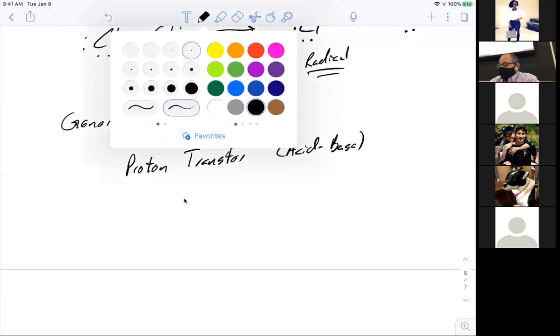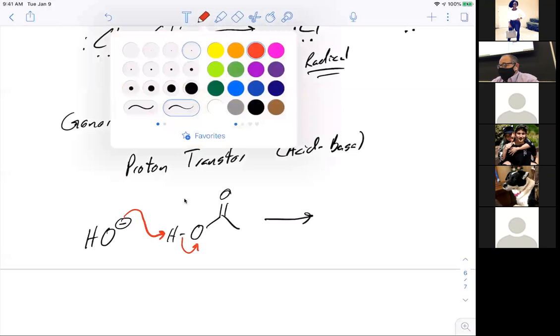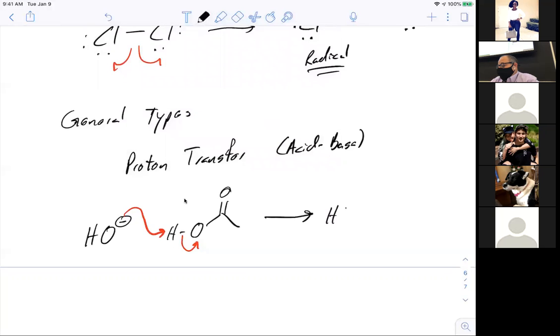What happens in a proton transfer? Is that we transfer a proton. So electrons go to the proton. Electrons leave that proton. It's not going to be able to share more than 2 electrons. So the electrons here going back to the oxygen. So I made a new bond with the proton.